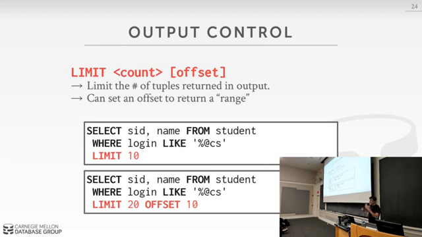There are also optimizations you can apply if you have a LIMIT clause, depending on whether or not you have an ORDER BY clause. If I don't have an ORDER BY clause and I have a limit, I know that as soon as I see 10 tuples, I'm done. I don't need to look at anything else. If you have an ORDER BY, then you have to see everything ahead of time to sort it. Then you can apply your limit and your offset.